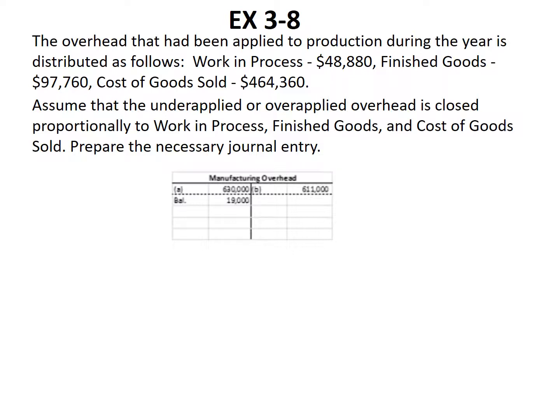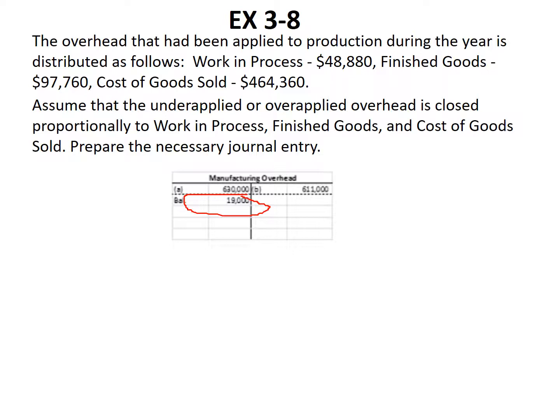So this is pretty simple because the over or under applied overhead sits in our manufacturing overhead account, and that happens to be, in this case, $19,000. And notice the debit side is actual, the credit side is applied. So in this case, we have under applied. In other words, our debit side is greater than our credit side, so we've actually under applied the amount of overhead.